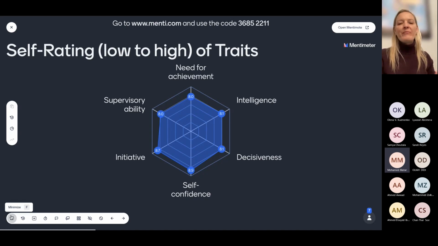Is there any test or evaluation method to show that a person has the minimum capabilities to do a task, depending on the different scopes, like decisiveness or intelligence? Is there any kind of evaluation that can help?